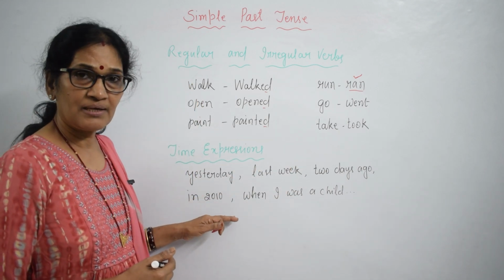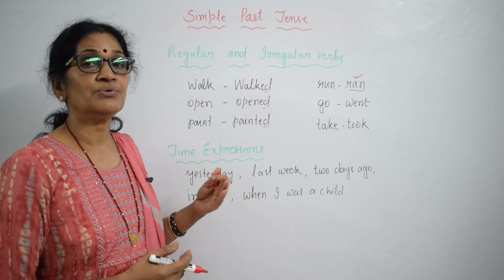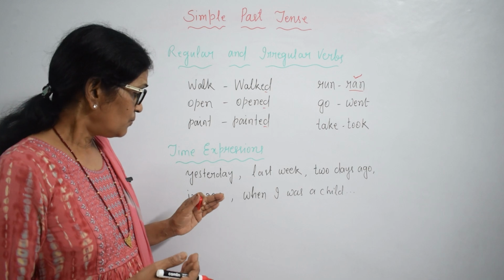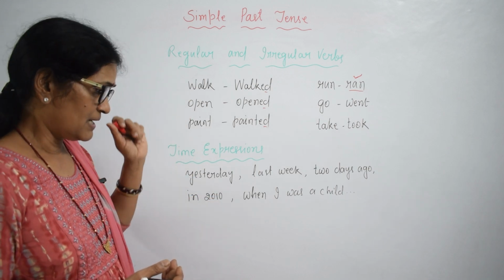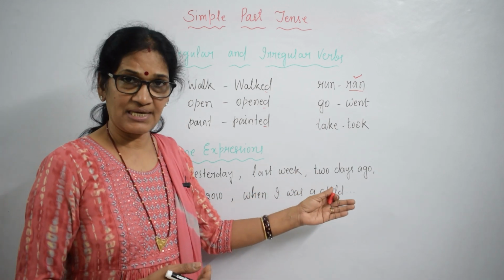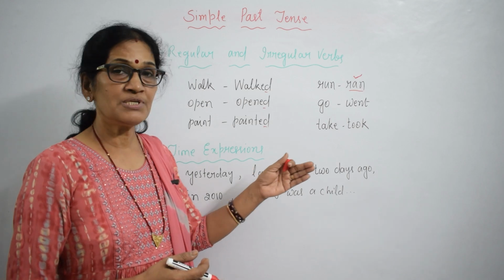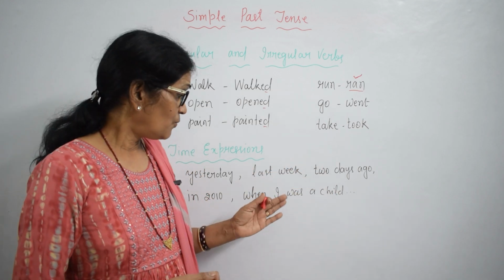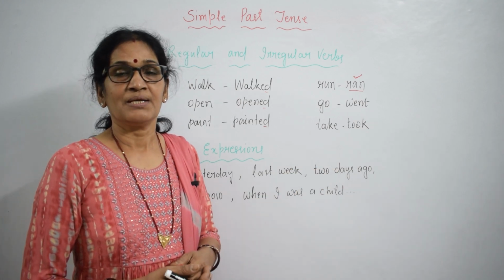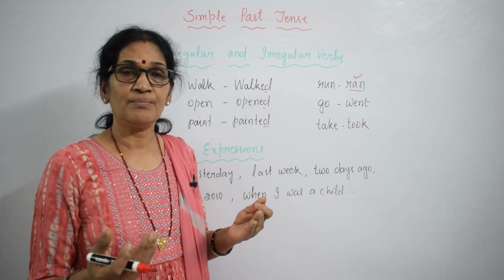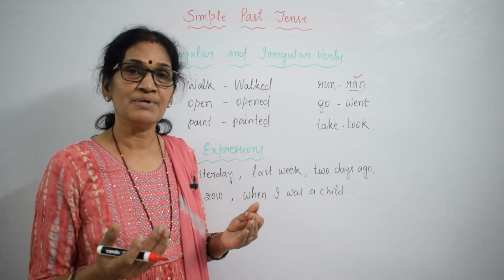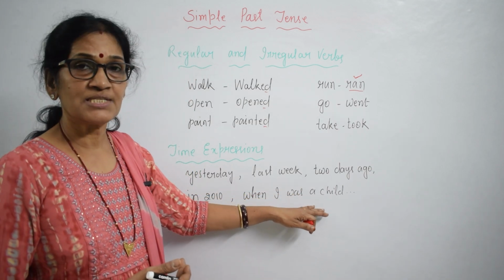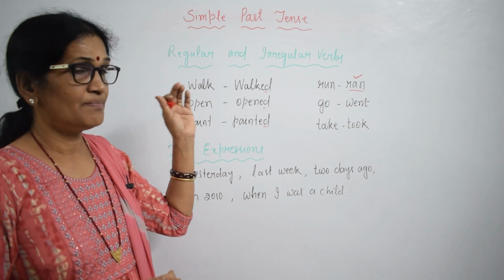In 2010, in 2020, in 2005, in 1995, we use simple past. When I was a child, I loved eating ice cream. When I was a child, we didn't have mobile phones. We didn't have smartphones. So this type of phrases also we use for simple past.